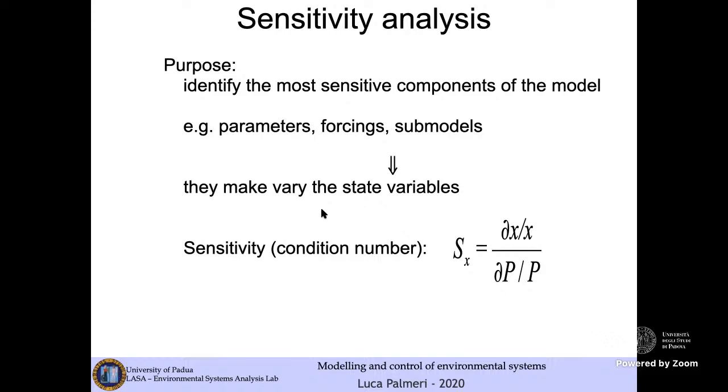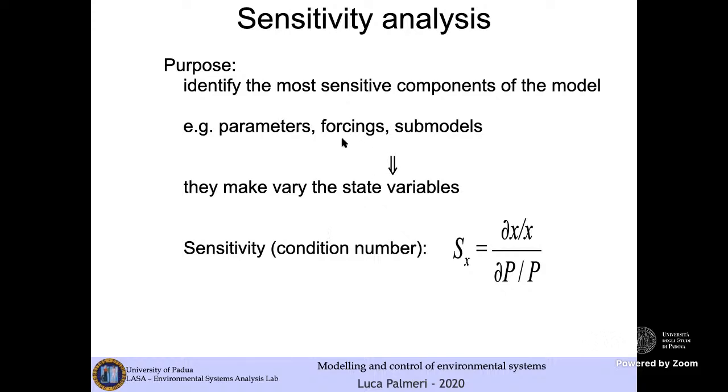Sensitivity analysis is oriented at identifying the most sensitive components of a model. For example, you may try parameters, forcing functions, or even parts of a model that we may call submodels, and try to evaluate how much these elements change the performance of my model. In particular, how much changing parameters or forcing functions may have an effect on the state variable.